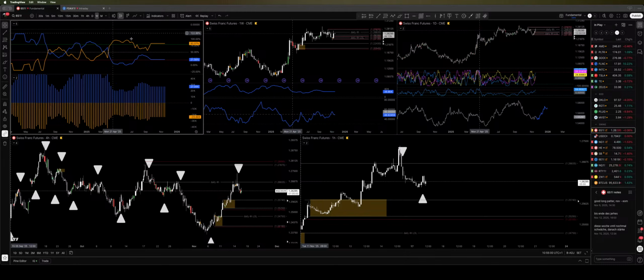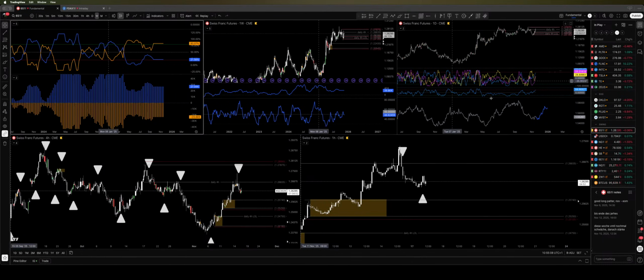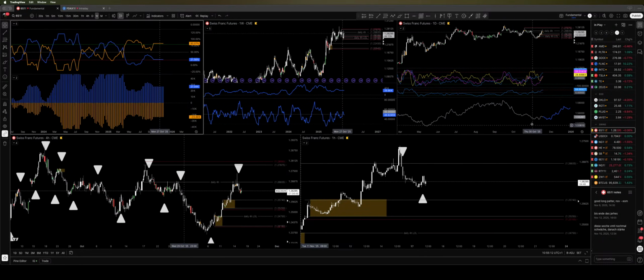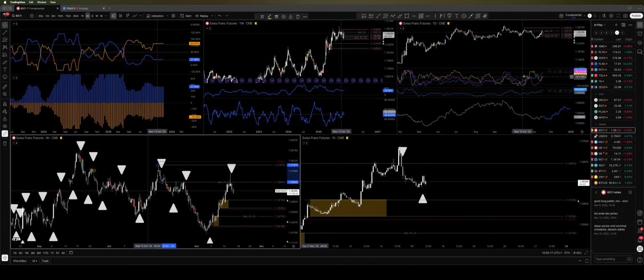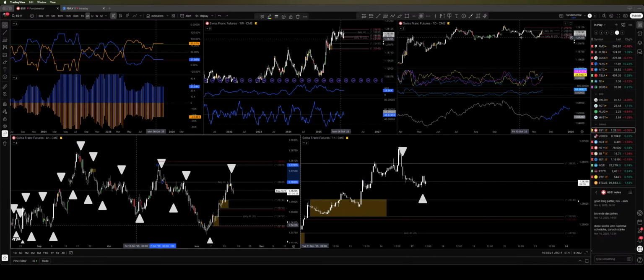For now, we have to ignore it. On the other hand, I use some kind of asset comparison and also seasonality. So since COT is not available right now, we have to focus solely on the comparison and the seasonality.